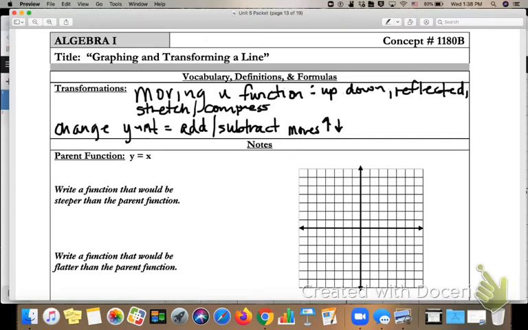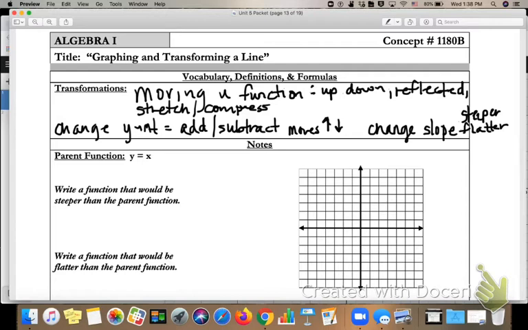Adding or subtracting from the y-intercept is going to move the graph up or down on the coordinate plane. If you are trying to make your graph steeper or flatter, you're going to need to change the slope of your line. And we're going to talk about what that looks like and how we can change that.